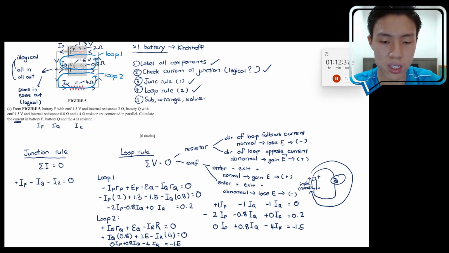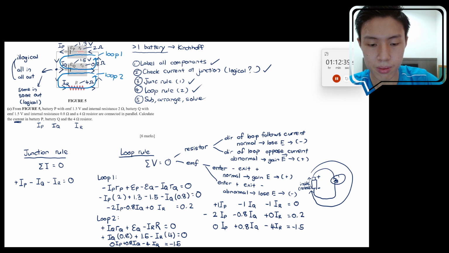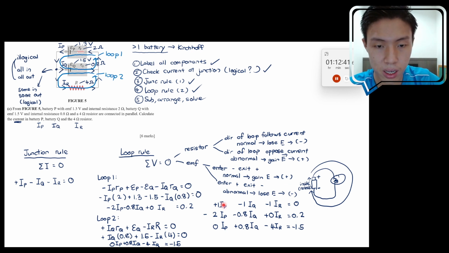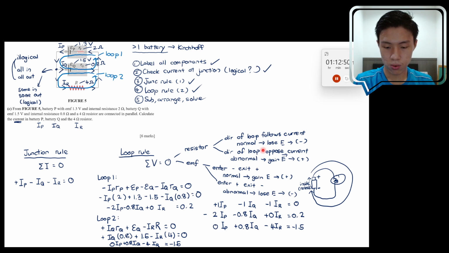So what you can do is just put in everything. Okay, so just put it in. 1, negative 1, negative 1, 0. Negative 2, negative 0.8, 0, 0.2. 0, 0.8, negative 4, negative 1.5.